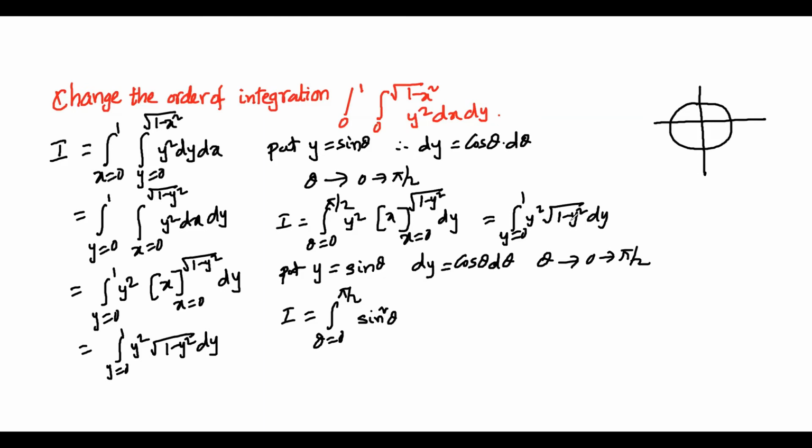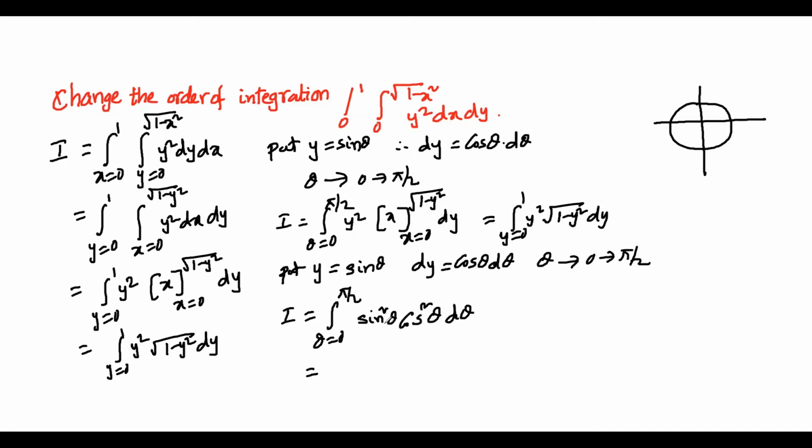But there is a square root, got my point? So cos square theta only will come, d theta. So that is equal to integral sin square theta cos square theta d theta.